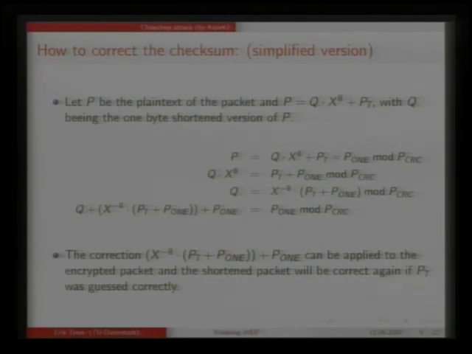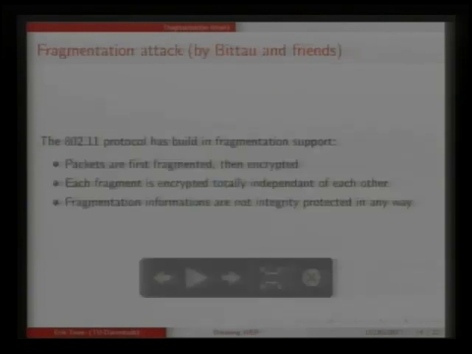And then you can use this equation to get the value how to correct the checksum in the 1-byte shortened version, depending only on the last 8 bits of the packet and known values. But the exact method is not really difficult after you have implemented it in a computer algebra system, and you can do it just easily in C2.